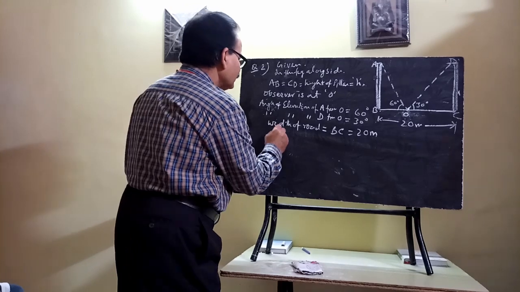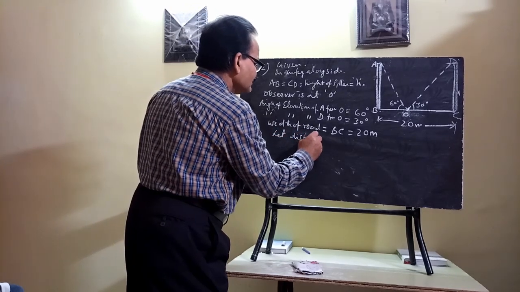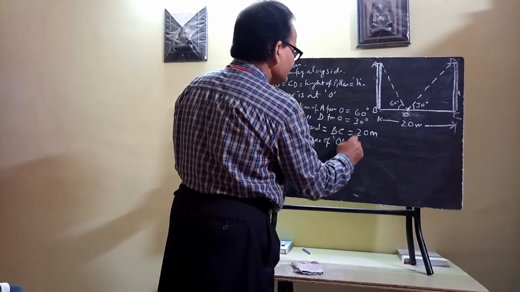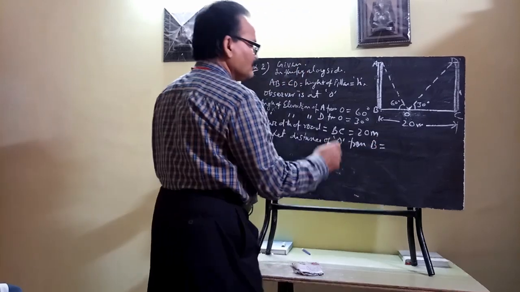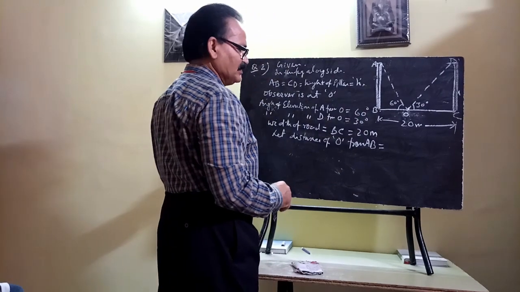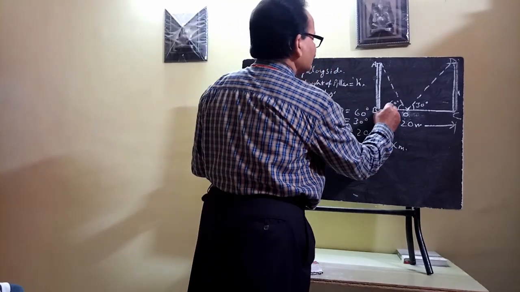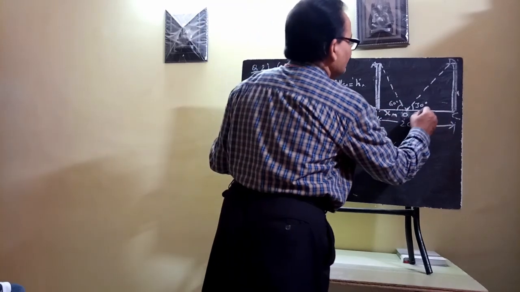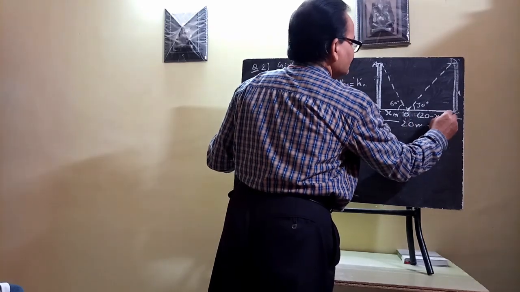So let the distance of O from B, or you can say AB, the pillar AB, be say X meter. So OC will be 20 minus X meter.